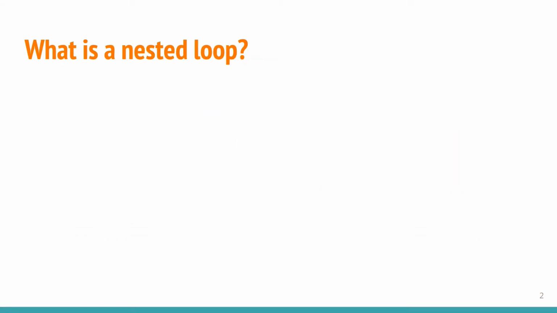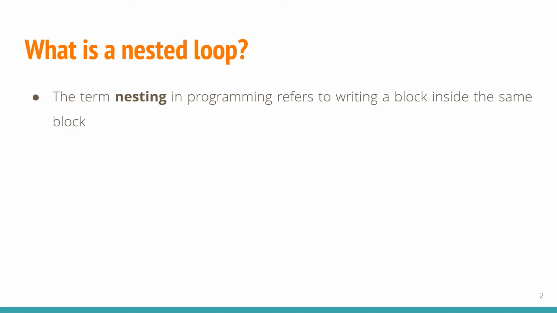We will now see what a nested loop is. The term nesting in programming refers to writing a block inside the same block. What do you mean by a block in a C program? A block in a C program is anything that is written with a pair of flower brackets.